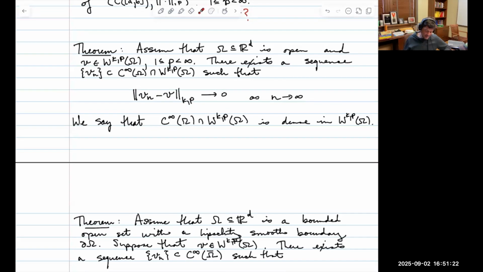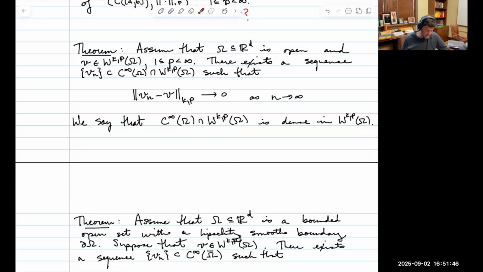So in this sense, we say that this set is dense in WKP, right? Because what I'm saying is for every V, I can always find an element from this set which is epsilon close.